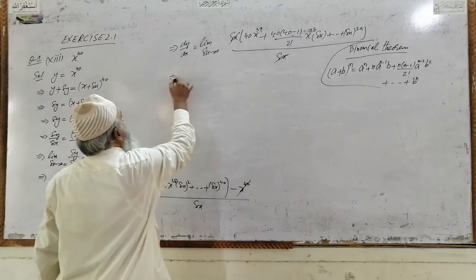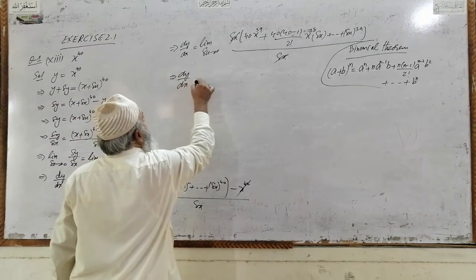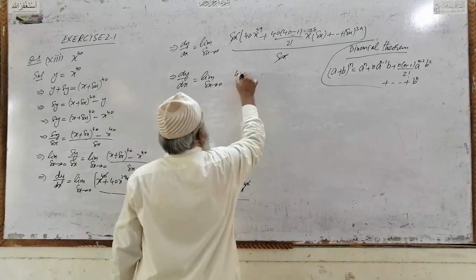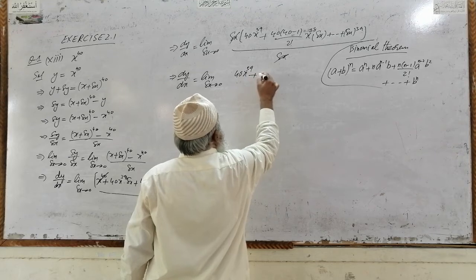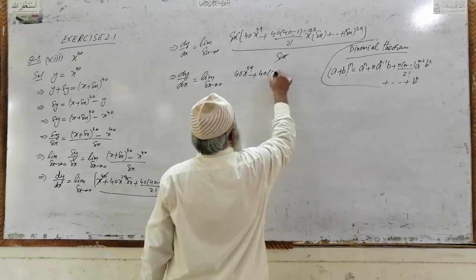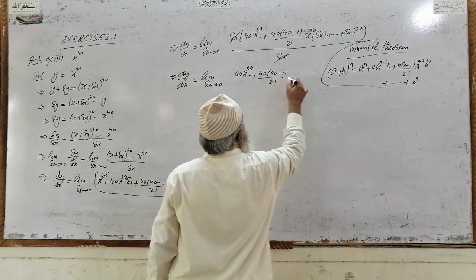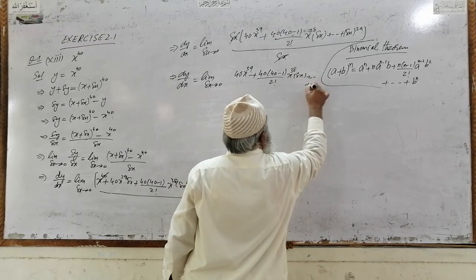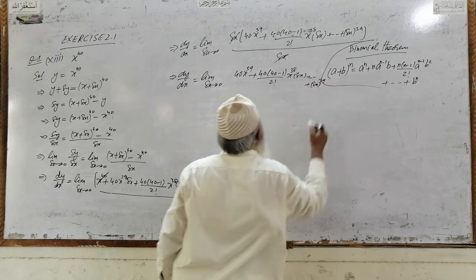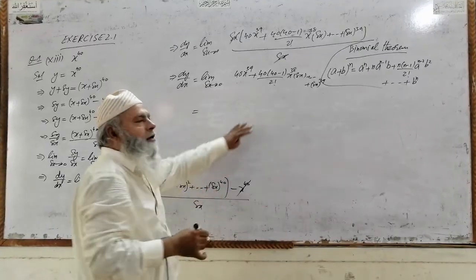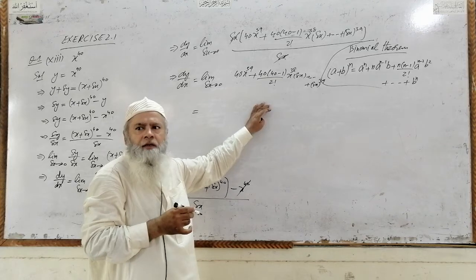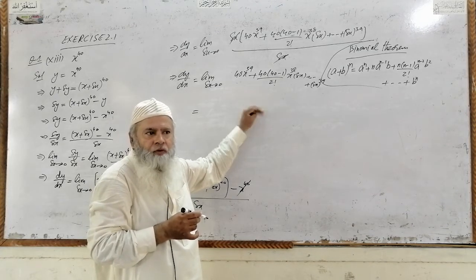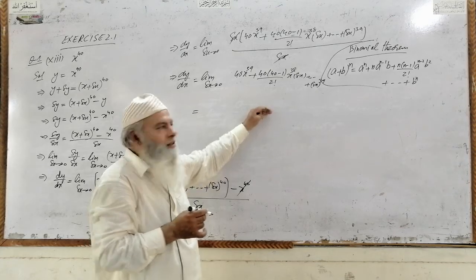And we have here dy by dx is equal to limit delta x approaches 0, 40 x raised to 39, 40 into, obviously this was no need to write here because we can put here delta x, obviously delta x raised to 39. Now due to absence of delta x from the denominator, we are able to apply the limit. We can put the value delta x as 0.